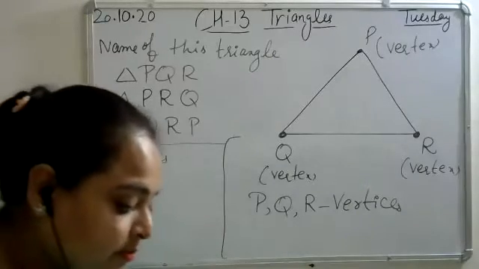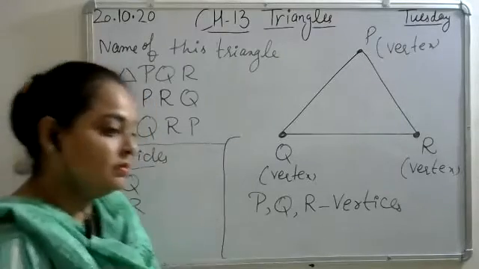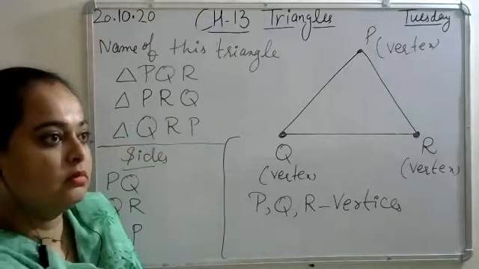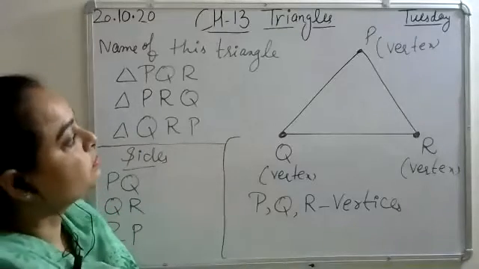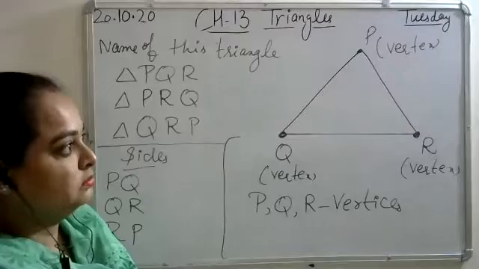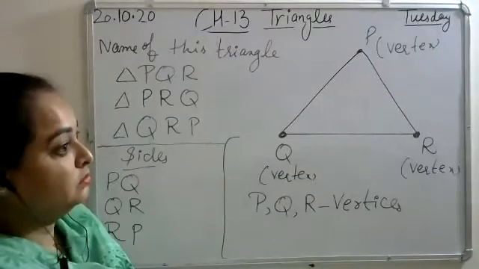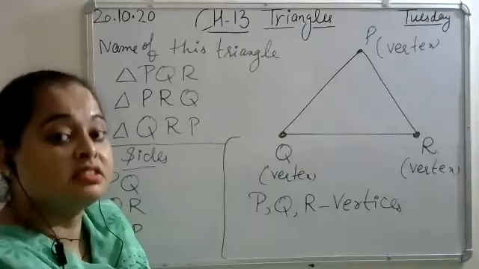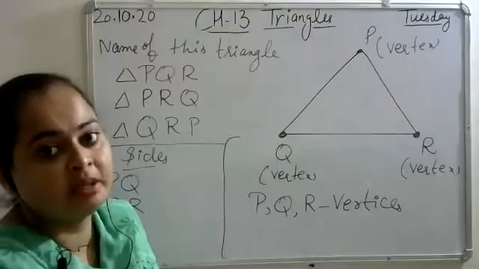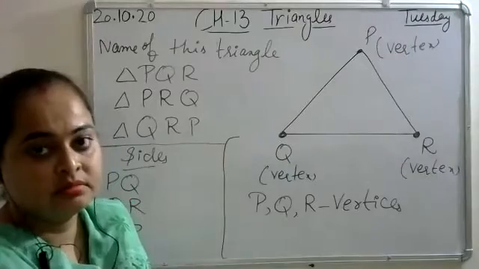Yes, Kaushalinder. Good morning, ma'am. Good morning. Ma'am, I want to ask, just as we can write points in any order, is it necessary to put the triangle symbol at the start and not at the end? 101%. This is the rule of mathematics, and you will not change the rule of mathematics.